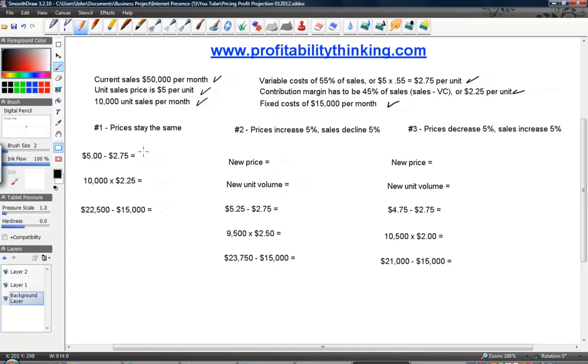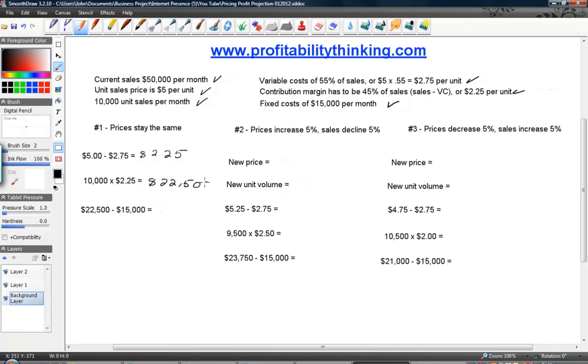So let's take a look at example 1, which is pretty much given in the problem. So $5 sales price minus $2.75 variable costs equals $2.25 contribution margin per unit. 10,000 units, which is what's given in the problem, times $2.25 contribution margin per unit equals $22,500 in contribution margin for the month.